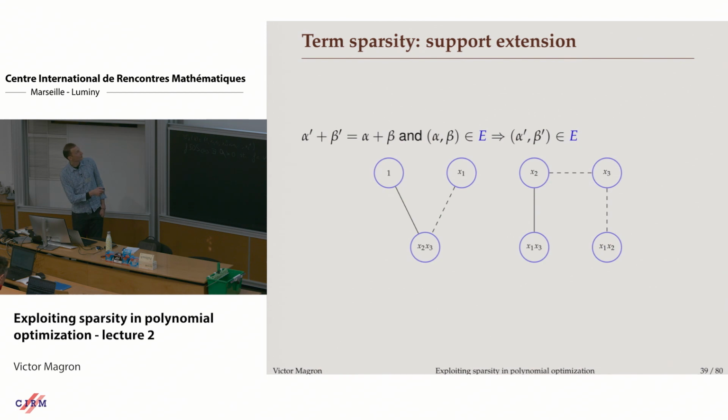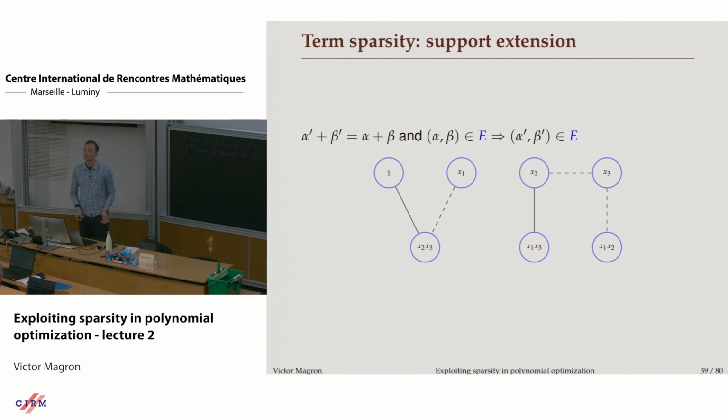So for instance, here at the beginning, you have an edge between 1 and x2, x3, but you don't have an edge between x1 and x2, x3. But here you have an edge between x2 and x1, x3, so x1, x2, x3 is there. But then if x1, x2, x3 is there, you can connect x1 and x2, x3. So the resulting SDP variable corresponding to this x1, x2, x3 will be the same, so you don't add new SDP variables to your problems by doing that.